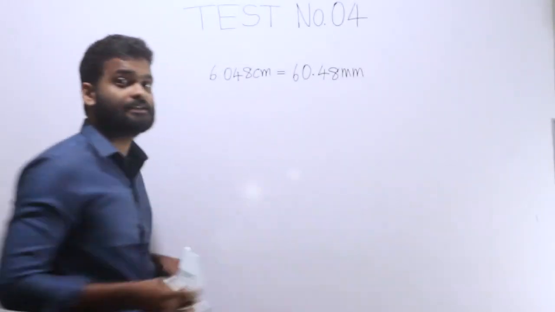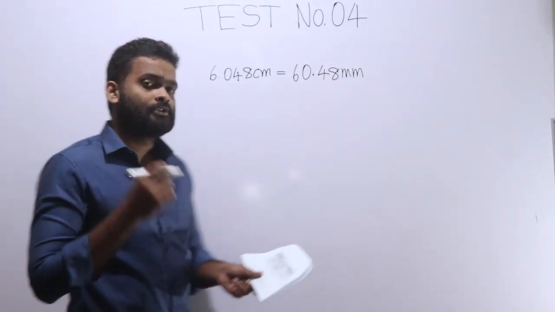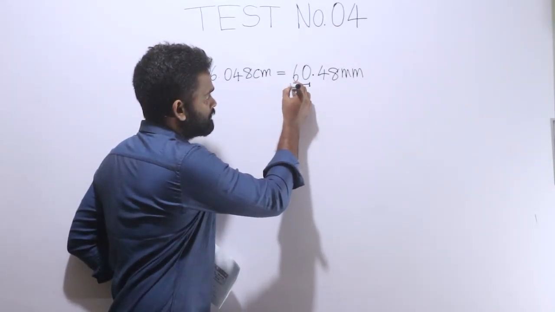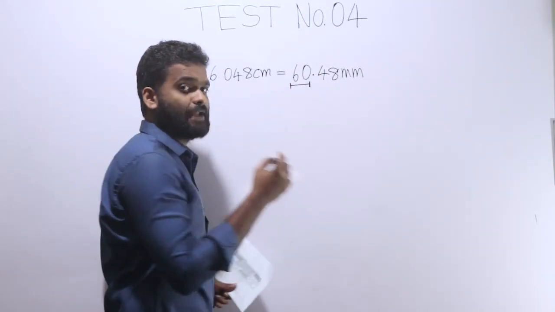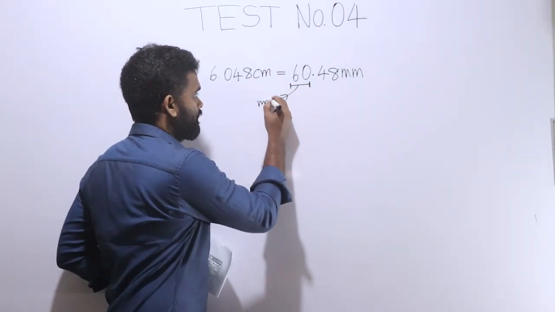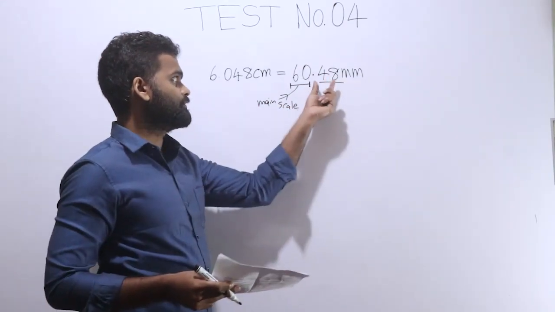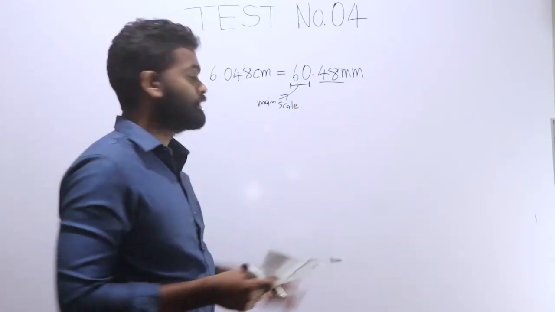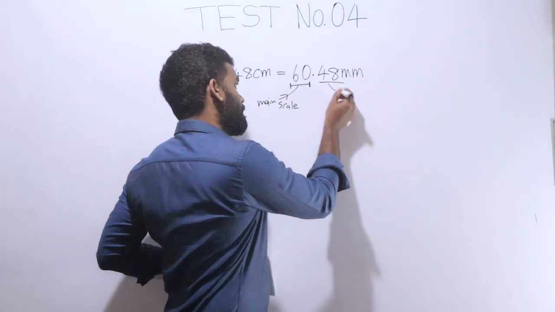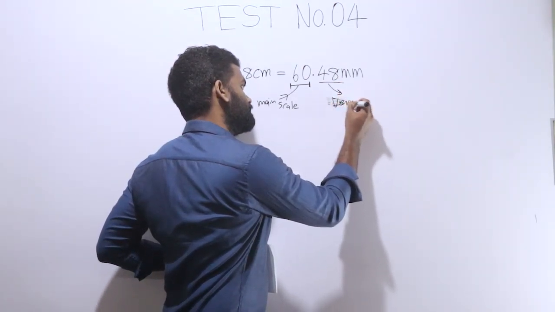The 60 millimeters can be measured using the main scale, and the decimal part, 0.48, we have to measure using the vernier scale.